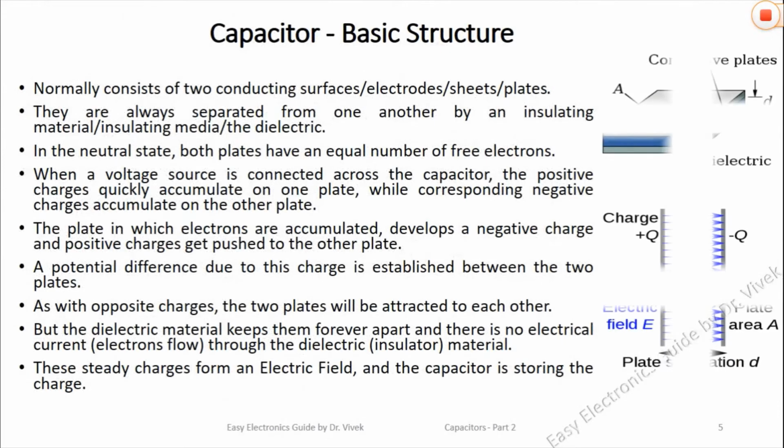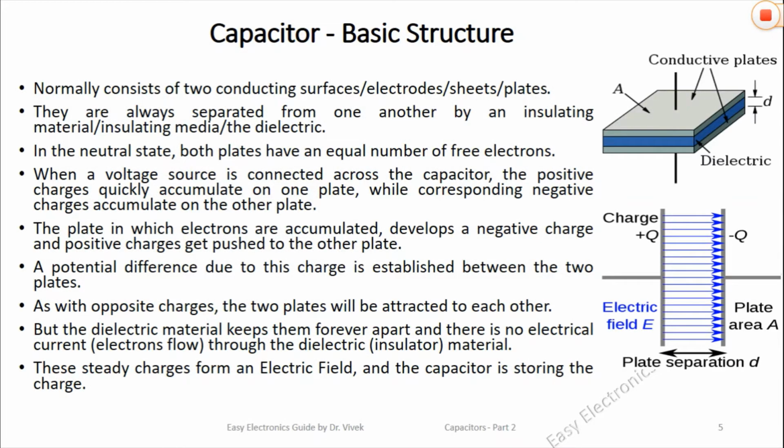A capacitor normally consists of two conducting surfaces which are known as electrodes or plates. They are always separated from one another by an insulating material which is known as the dielectric. In the neutral state, both the plates will have an equal number of free electrons. But when a voltage source is connected across the capacitor, the positive charges accumulate on one plate and the negative charges accumulate on the other plate.